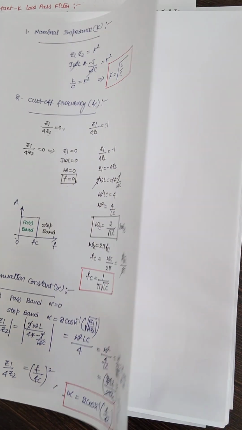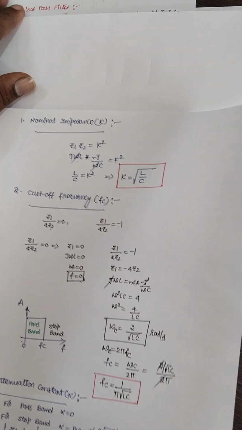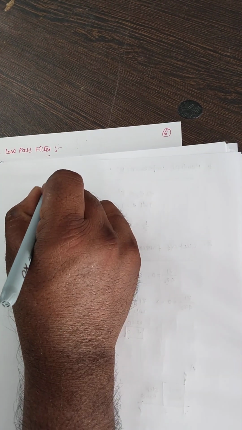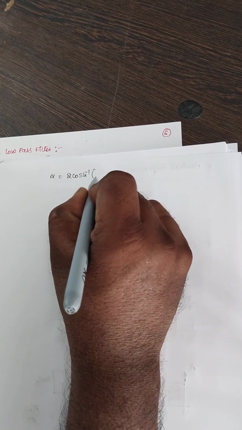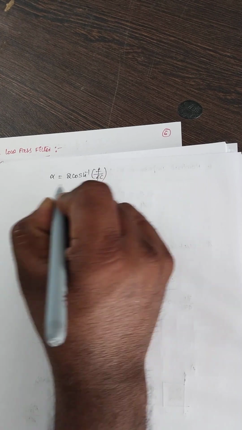Let me draw the graph for this attenuation constant by taking frequency on the x-axis and attenuation constant on the y-axis. Just now we got the expression alpha is equal to 2 cosh inverse of f by fc.